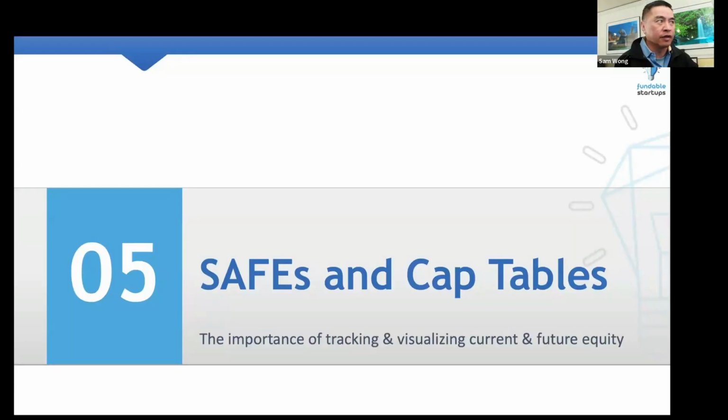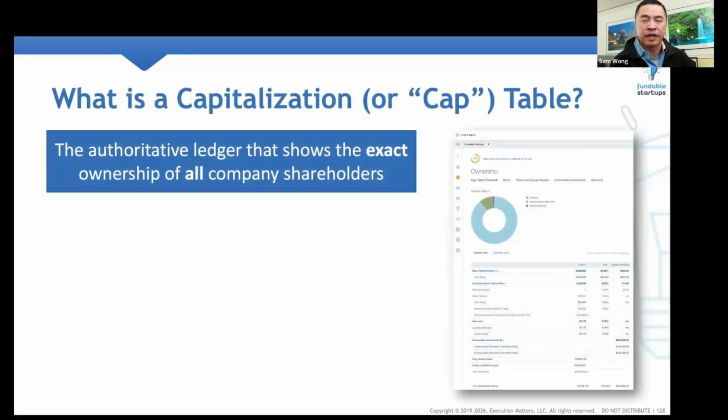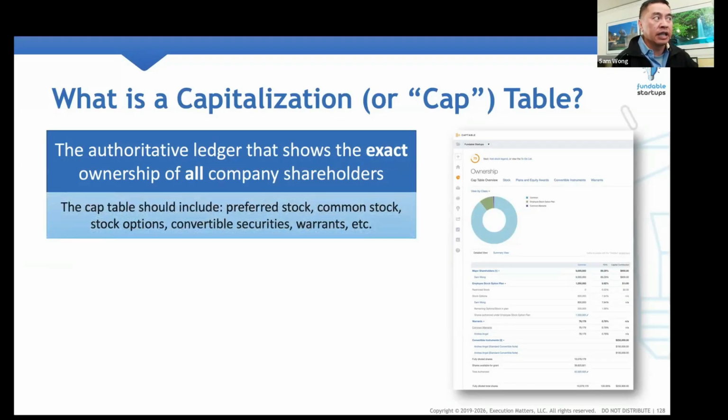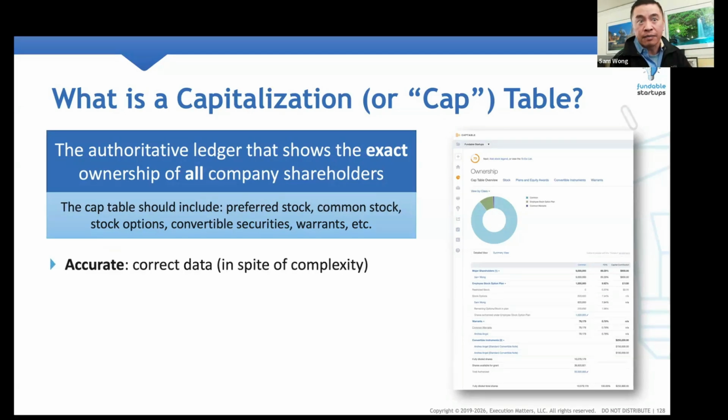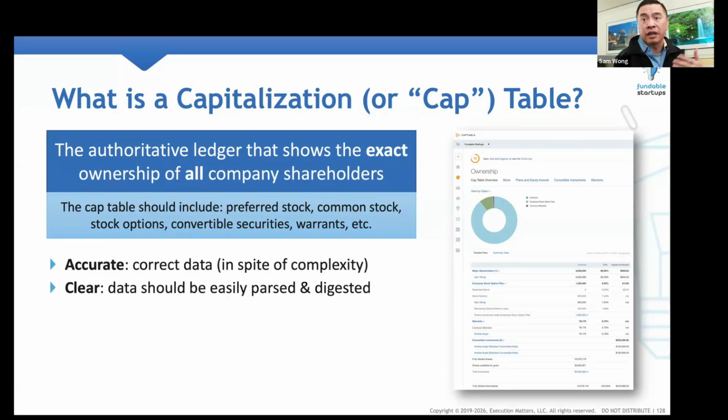Okay. So, safes, cap tables. Hopefully everybody here understands a cap table, but in case there's somebody who doesn't, a cap table is the authoritative ledger that shows the exact ownership of all company shareholders. It should include preferred stock, common stock, stock options, convertible securities like a convertible note and a safe, as well as warrants. It needs to be accurate, but it can be very, very complex. It needs to be clear so that people can look at it and quickly figure out what's going on.